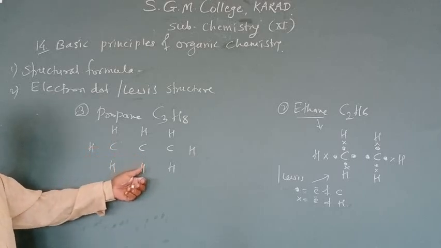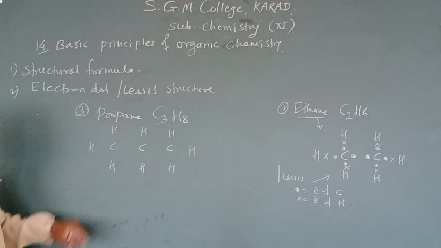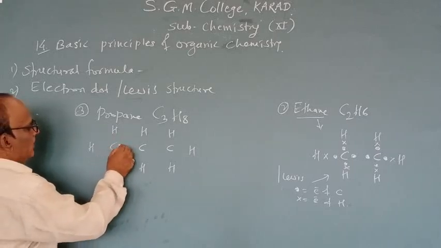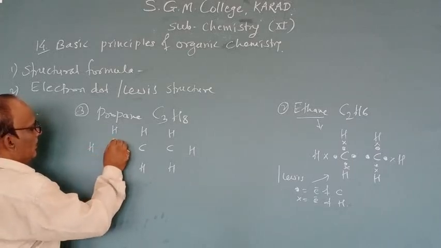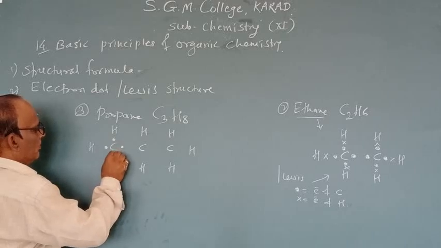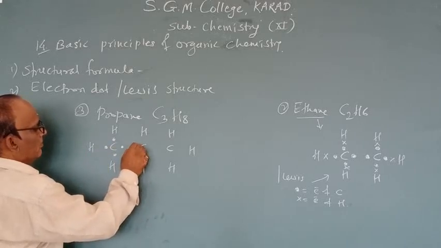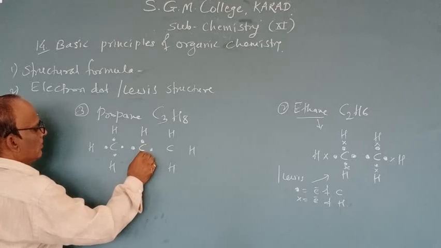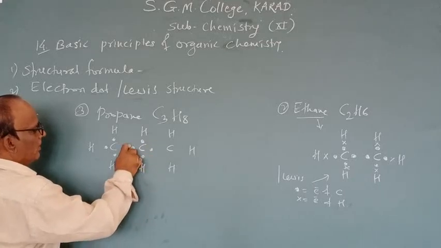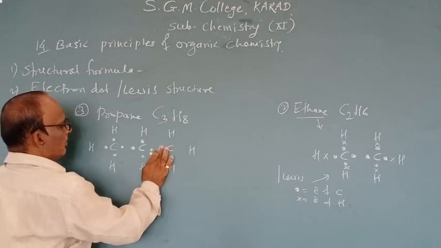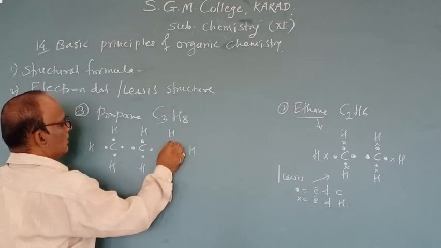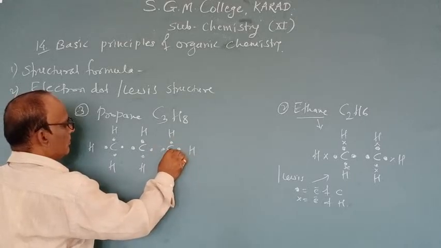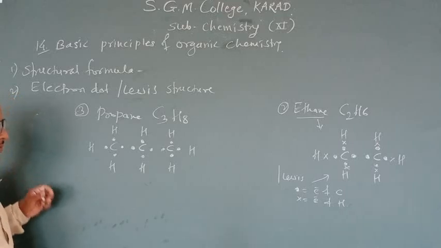Again there are 3 carbon atoms. Each carbon carries 4 electrons in its valence shell. So this is 1 electron, second, third and fourth. Again first, second, third and fourth for this carbon atom. Again for the third carbon atom, first, second, third and fourth. So these are the electrons of carbon.